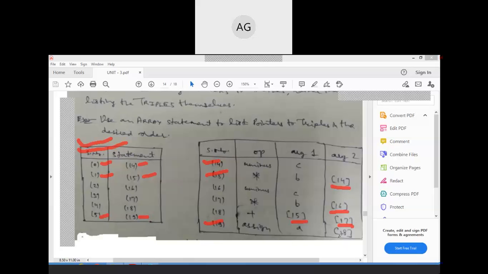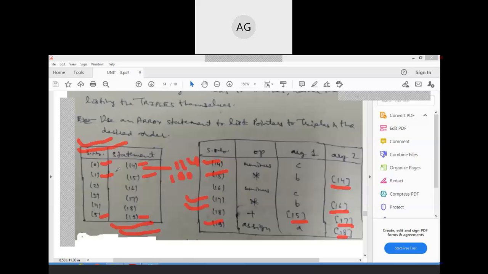So this is the base table, and this is the actual table, or the working table. In the case of indirect triples, you need to form two tables. One is the base table in which you write what each statement is pointing to. Here in the zeroth statement, in place of 14 you can also write 114, or you can also write 100, as per your convenience.